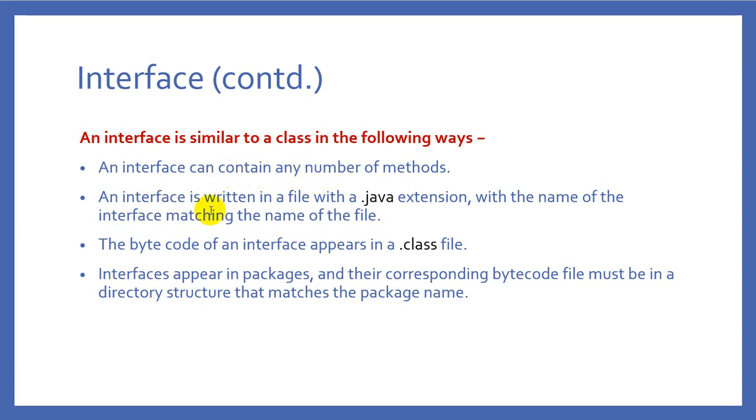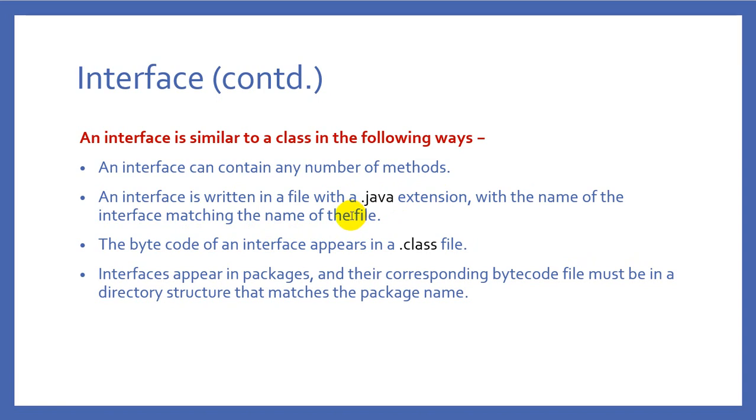An interface is written in a file with a .java extension. So whenever you want to define an interface, you will be storing it in a .java file, right? And with the name of the interface matching the name of the file. It is compulsory, the same as with a class.